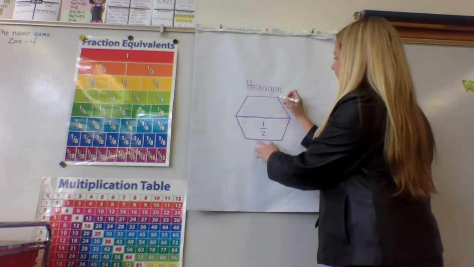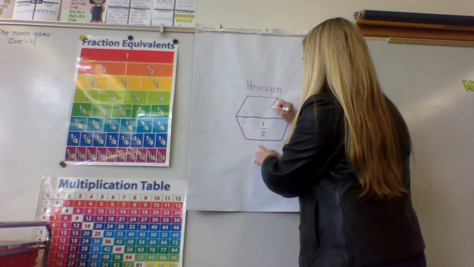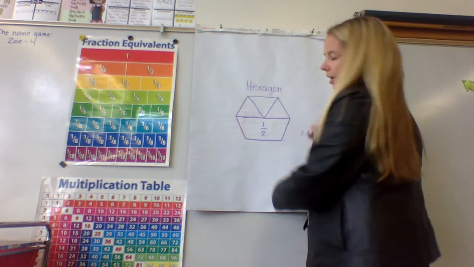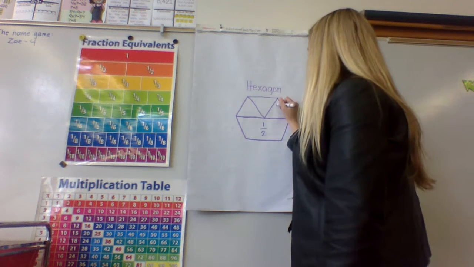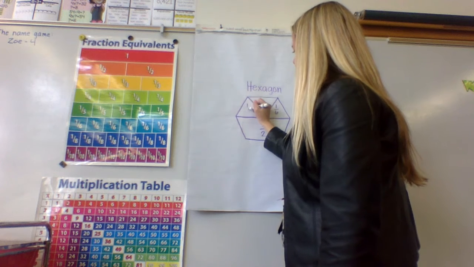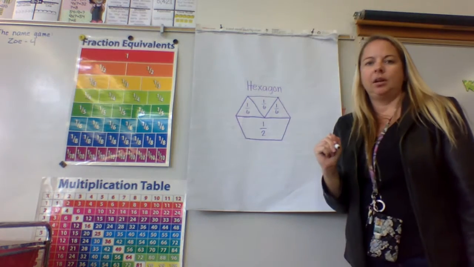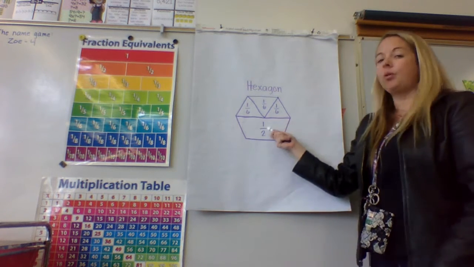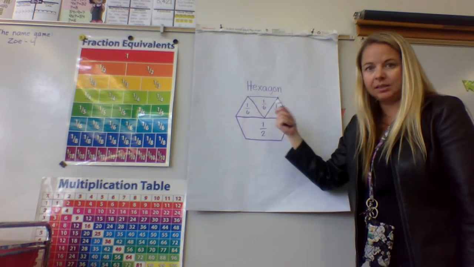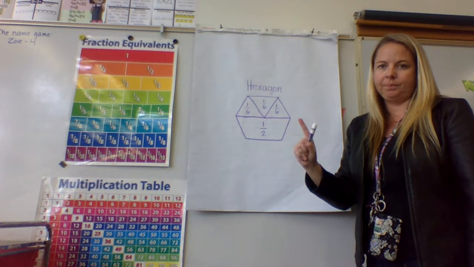So I could even go like this and put a triangle here, and this and put a triangle there. I would label each of these 1/6 because that's what each of my triangles represent. Okay, so then I can see right here that 1/2 plus 1/6 plus 1/6 plus 1/6 equals one whole.